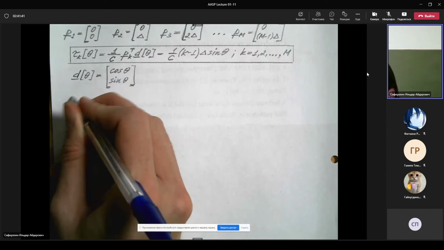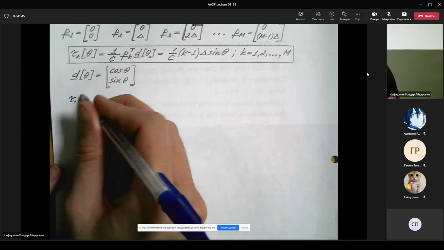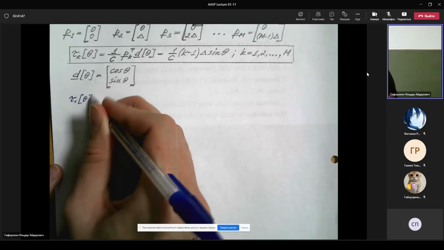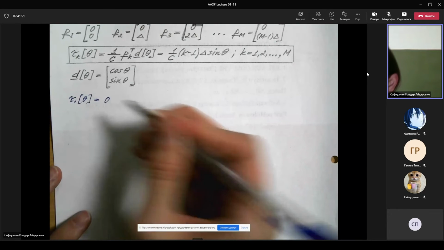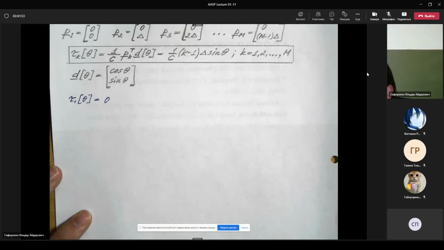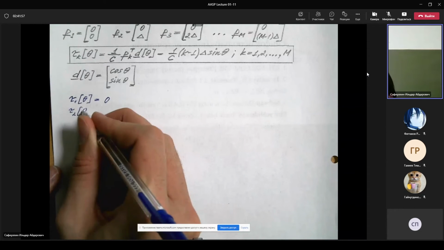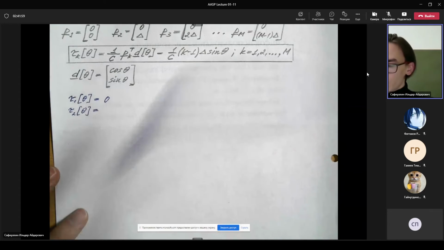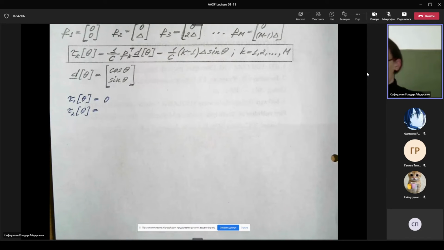So let's write down tau 1 of theta is equal to 0. Then tau 2 of theta. This is the propagation time through the array.